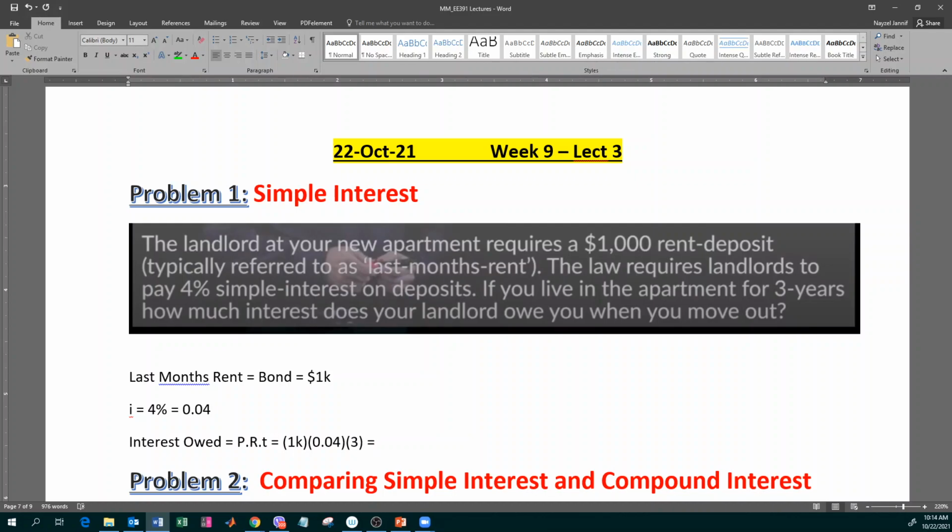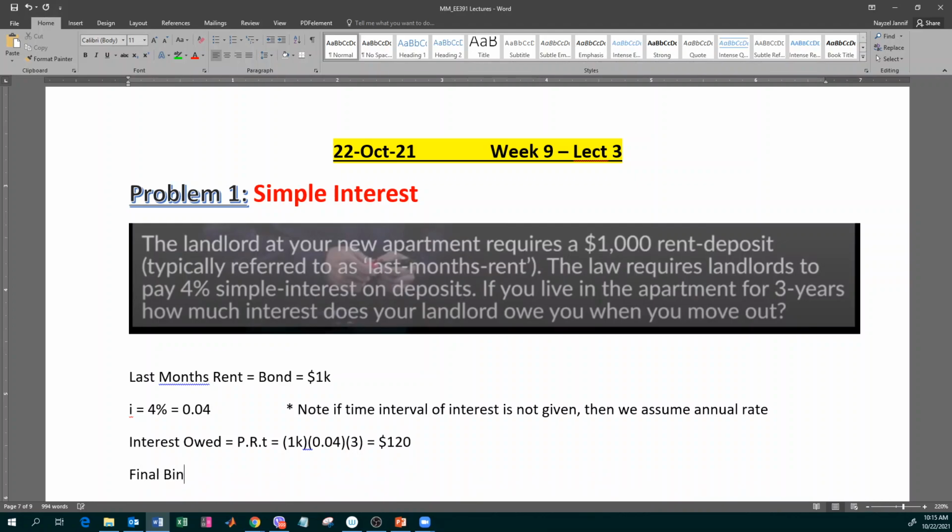So what is the interest? Can somebody tell me? Note, if the time interval of interest is not given, then we assume annual rate. So what does the landlord owe you? $120.